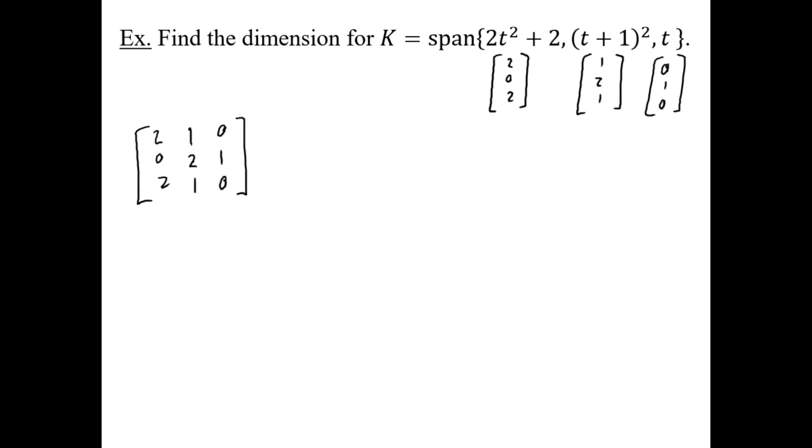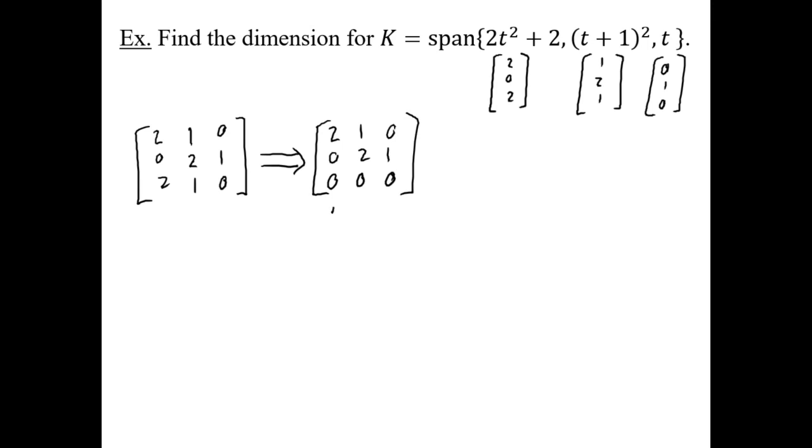It's the same as asking the question, how many pivot columns are there? It is worth noting that if I take the top row and subtract, the bottom row just disappears. So 2, 1, 0, 0, 2, 1, 0, 0, 0. I don't have to go any further.